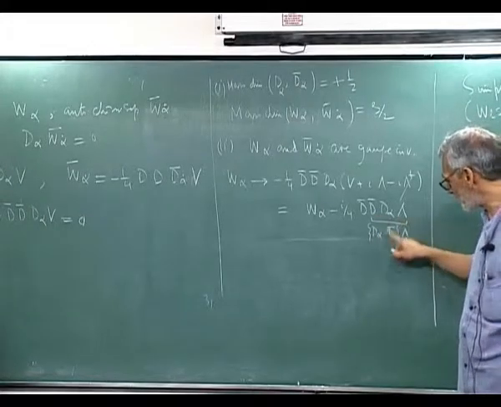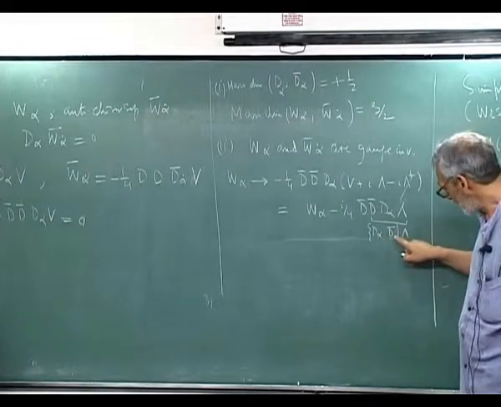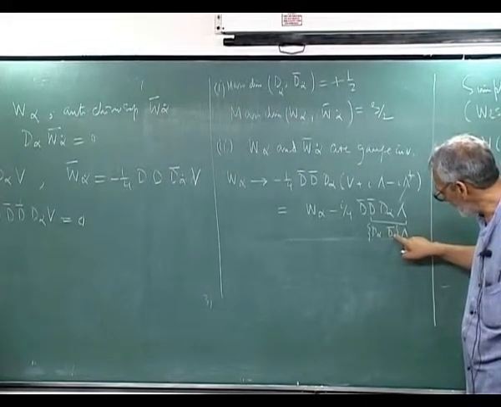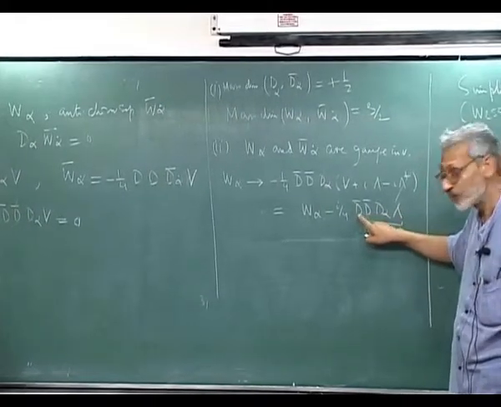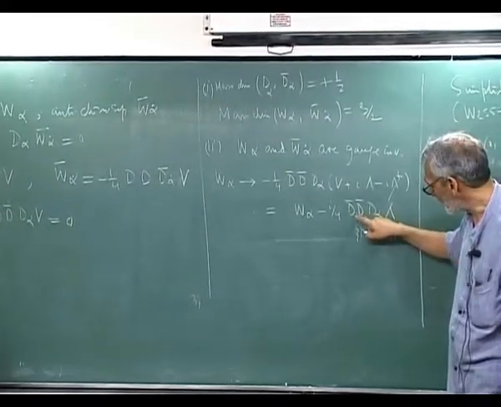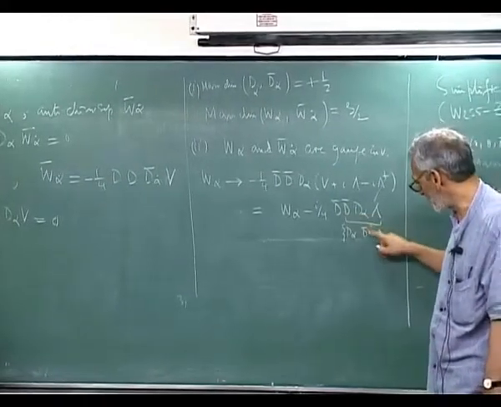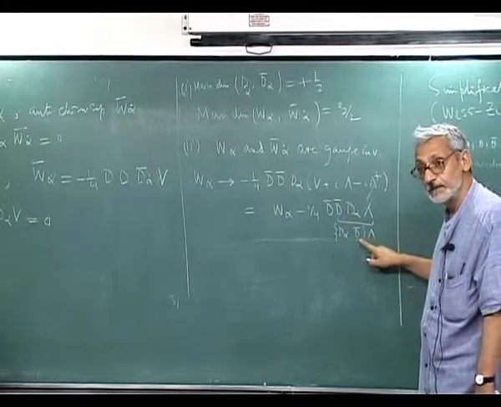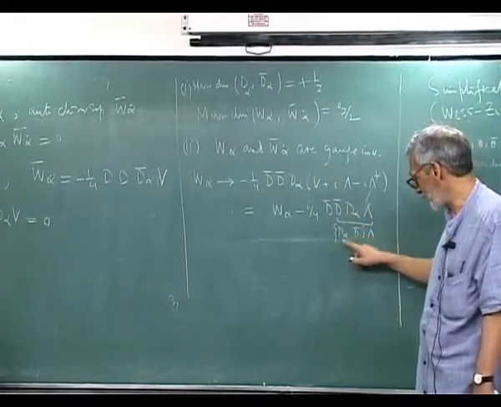I can replace this by this. I have not put any index here because the index here is contracted with the index with the first D here. So that's understood. So if I put it there's a beta dot here, beta dot here. But D bar acting on lambda is 0. So I can always write this as this.